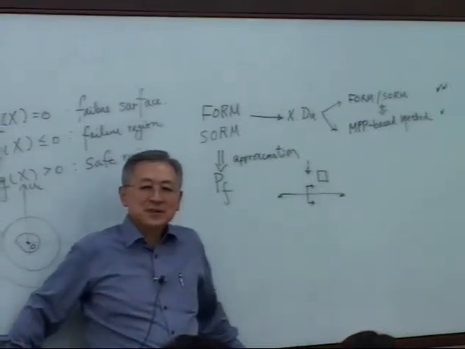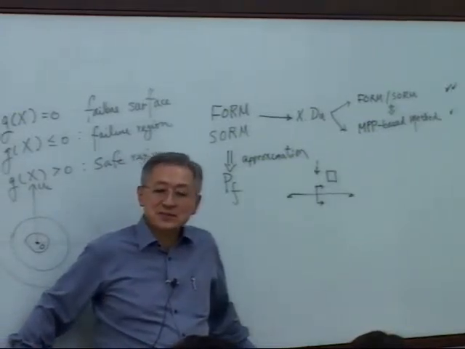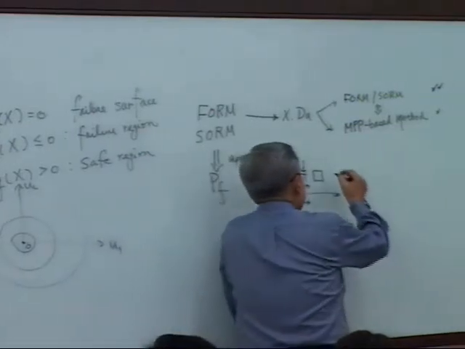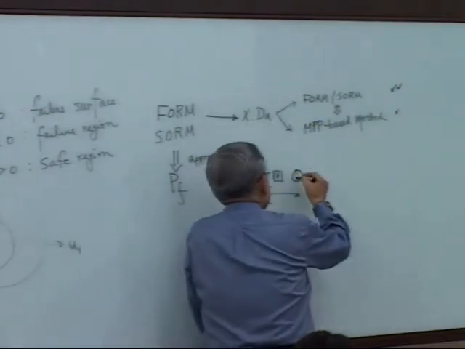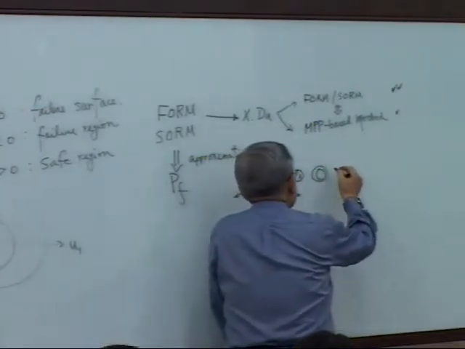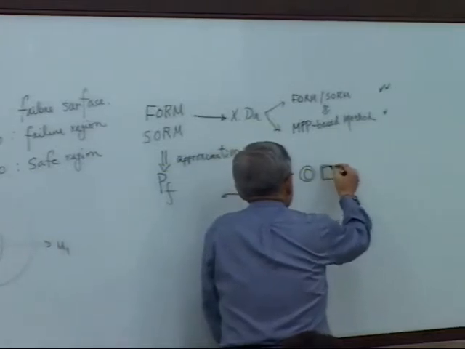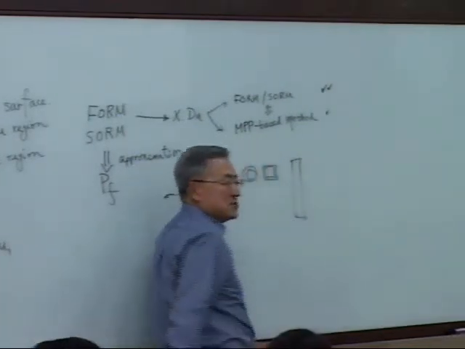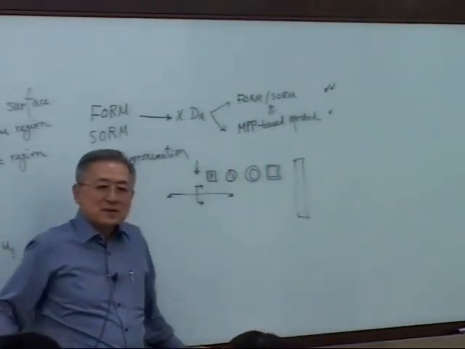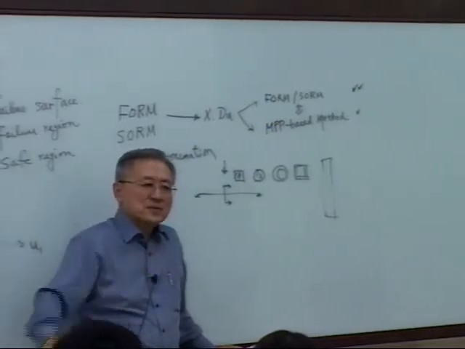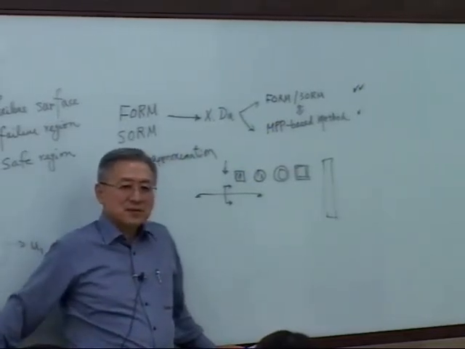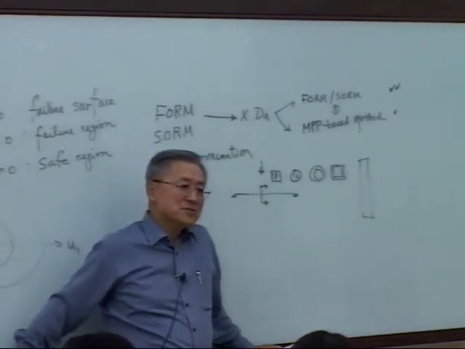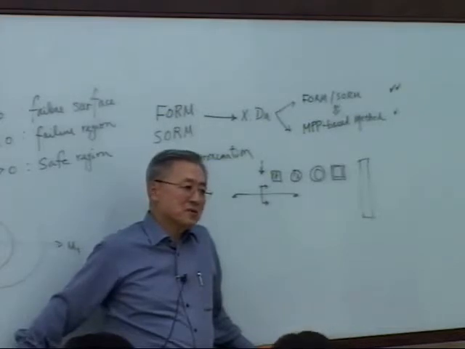So the section, for the design, is not given. You can have a rectangle, you can have a circle, you can have a tube, you can have box girders, whatsoever. You can have any shape, right? That's up to you. What is given? Loading is given, right? You don't generate the environment yourself.